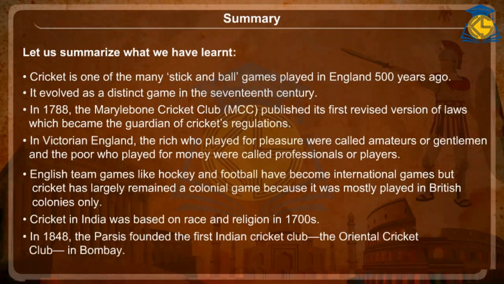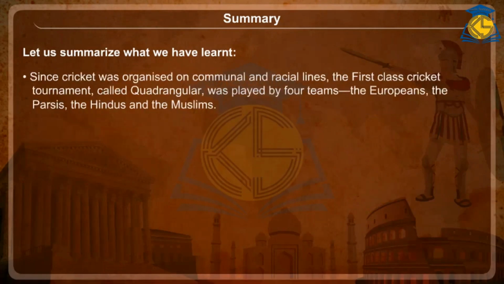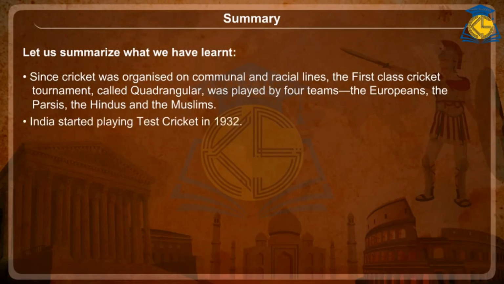In 1848, the Parsis founded the first Indian cricket club, the Oriental Cricket Club, in Bombay. Since cricket was organized on communal and racial lines, the first-class cricket tournament called Quadrangular was played by 4 teams: the Europeans, the Parsis, the Hindus and the Muslims. India started playing Test cricket in 1932.